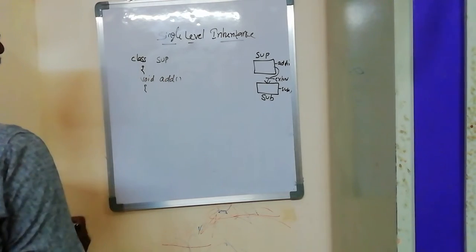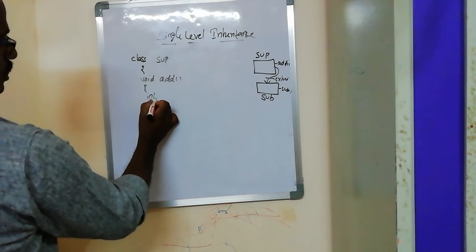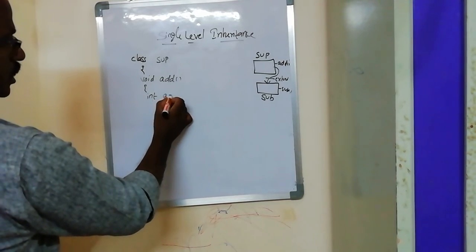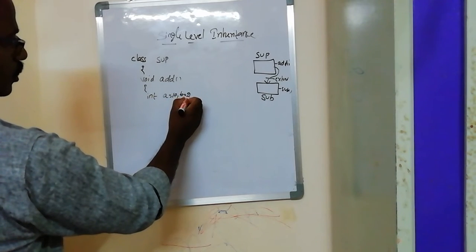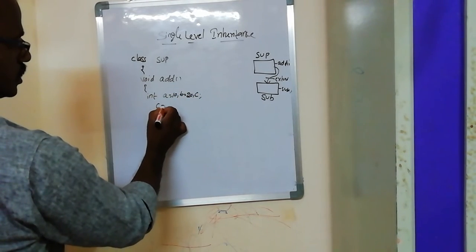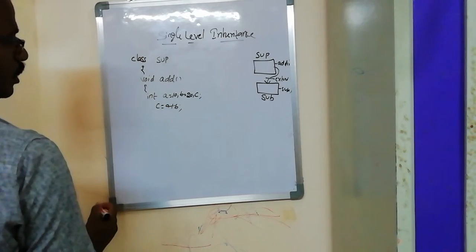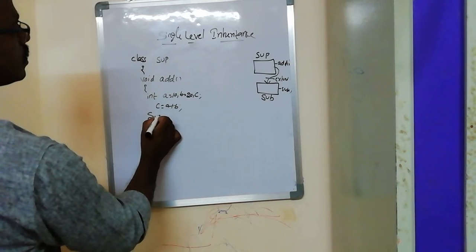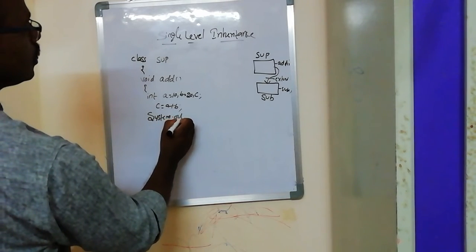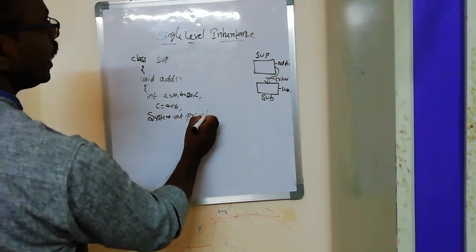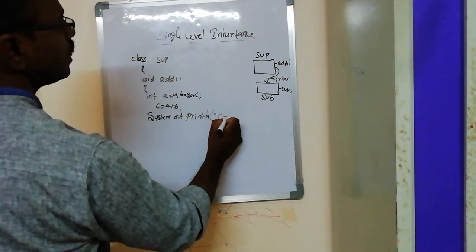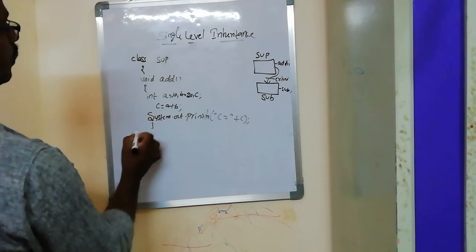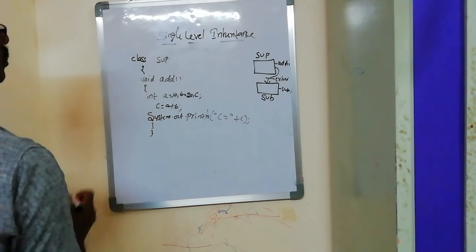In this method we declare some variables using the integer data type: int a is equal to 10, b is equal to 20, c is equal to a plus b. We print a statement using System.out.println, the c value is, double quotes close, plus c. We close the add method and the superclass.